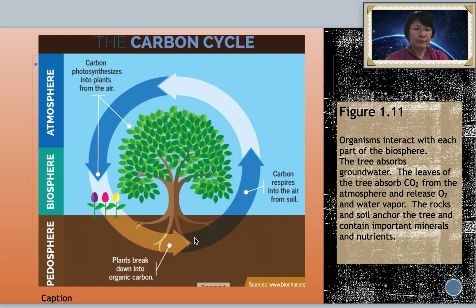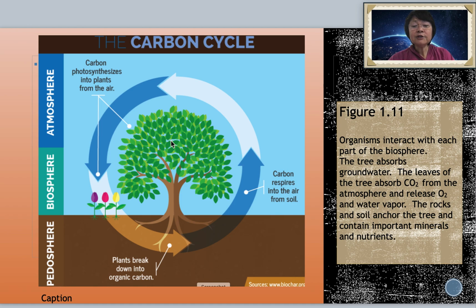It's all about what we've been learning about the atmosphere, the hydrosphere, and the lithosphere, all of this combining to make the biosphere, right? Here's another new term in this figure, but we're not going to worry about that right now. But you can definitely see what the pedosphere would be.